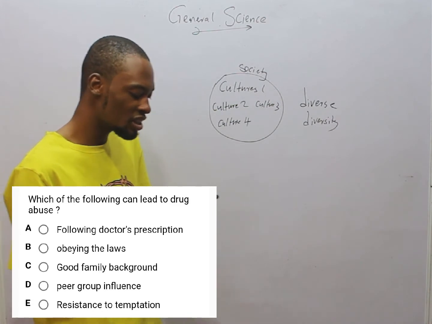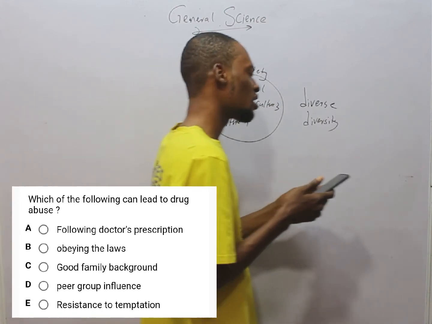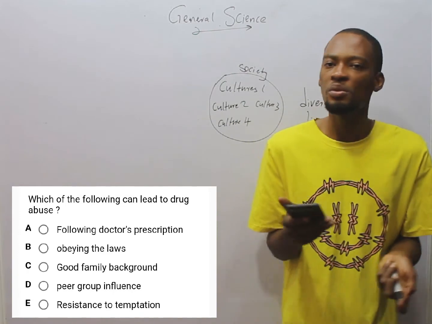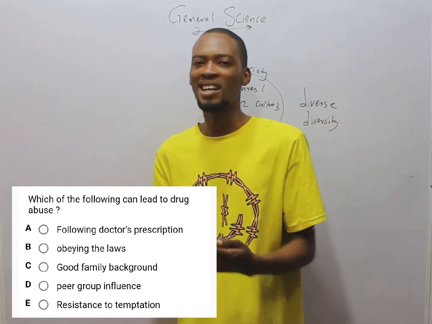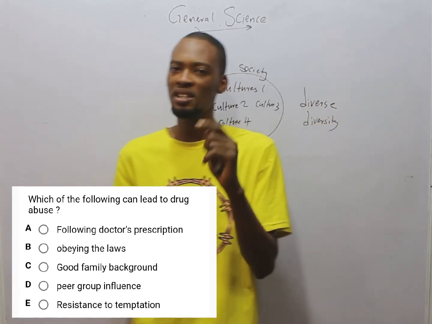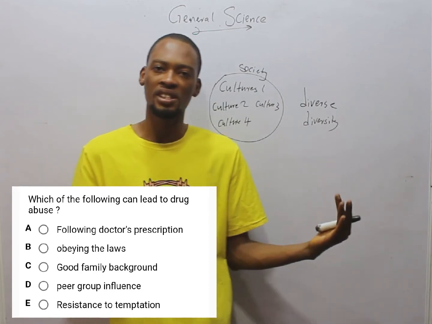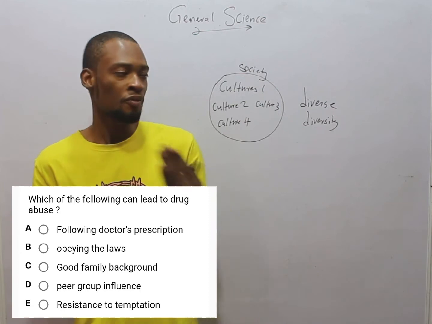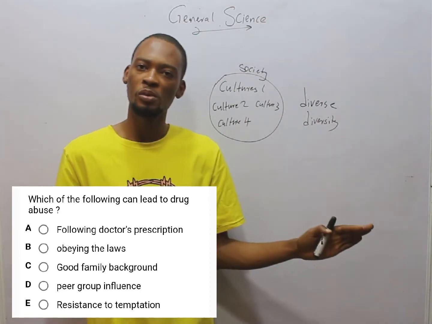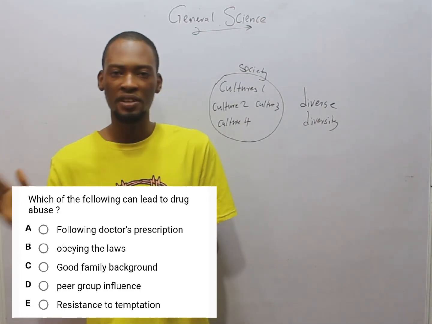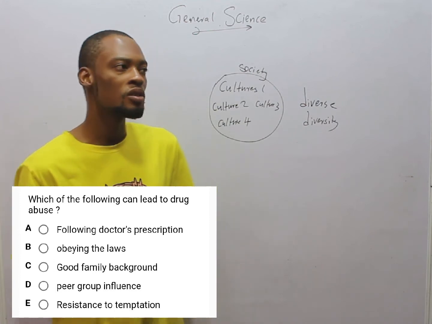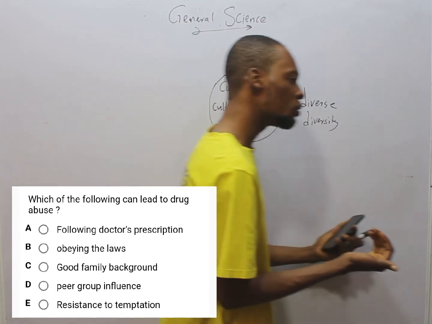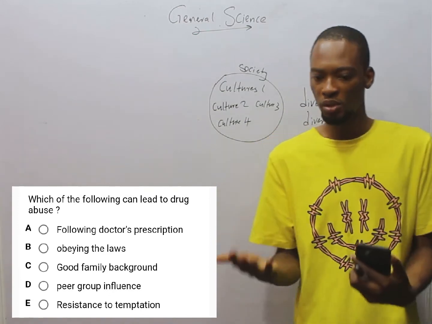Option D says peer group influence. Yes, your friends can influence you to do bad things. In fact, as you grow up, one of the biggest influences you come across is friends. Friends will influence you negatively or positively. If you follow good friends, you are influenced positively. You follow bad friends, you are influenced negatively. So in life, who you follow determines what follows you.